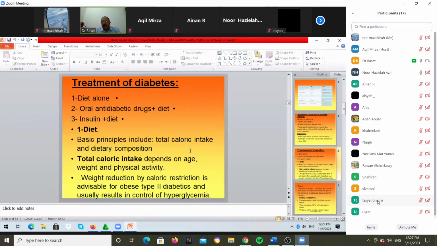Number one, I must determine as a physician the total caloric intake needed for this patient. Not all patients are the same.